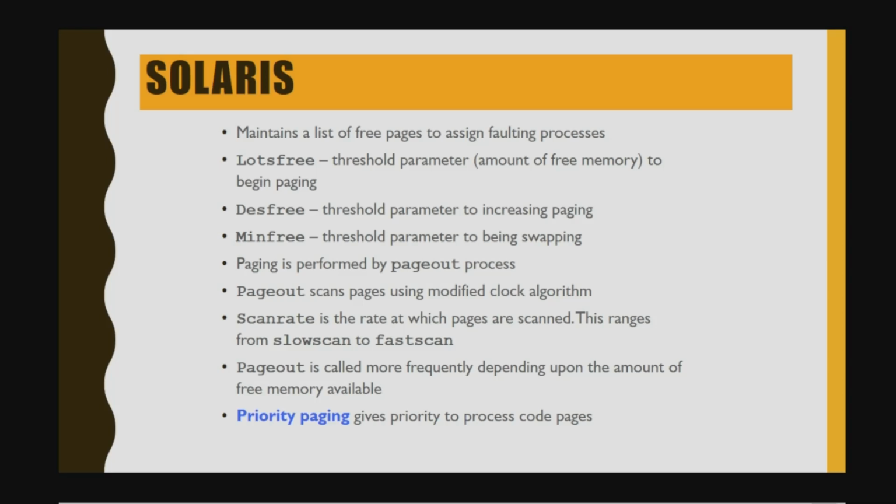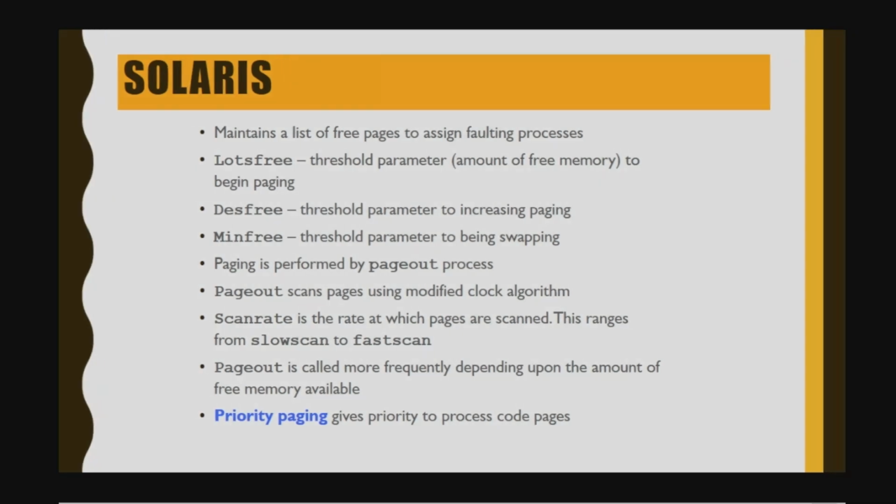Scan rate is the rate at which pages are scanned, and this ranges from slowscan to fastscan. Pageout is called more frequently depending upon the amount of free memory available. And priority paging gives priority to process code pages.